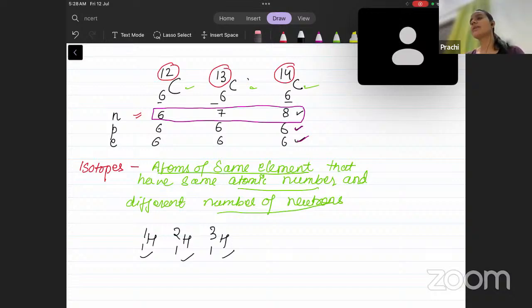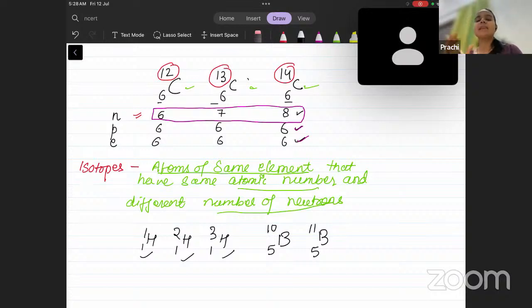Similarly, for oxygen also we have different isotopes. One you could be asked about is boron. For boron also we have two isotopes, one with mass number 10 and the other with 11, and so on. You can have isotopes for other elements also.